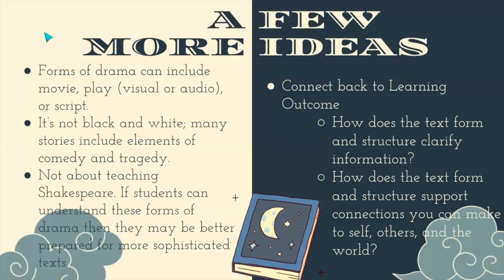A couple of important elements related to this cusp. It says forms of drama, which means it can be a movie, a play that you actually watch or that you listen to, like a radio play, or a script. It's not black and white. Many stories include elements of comedy and tragedy.